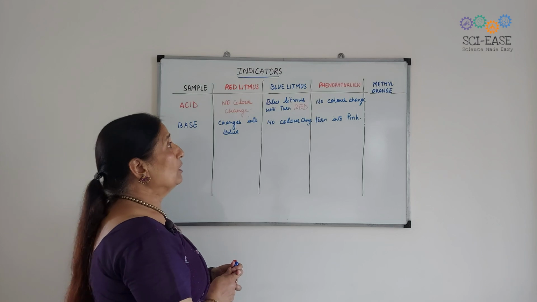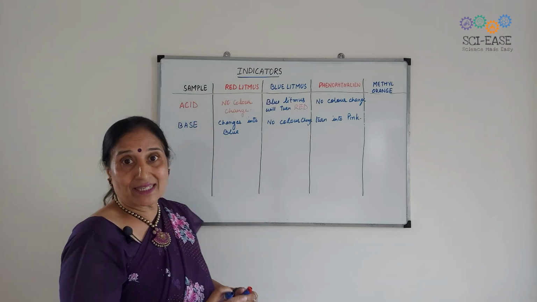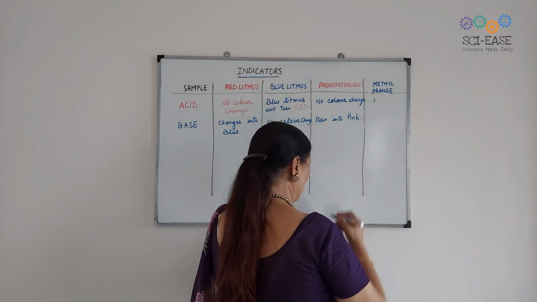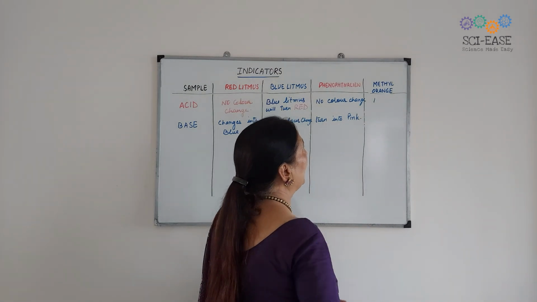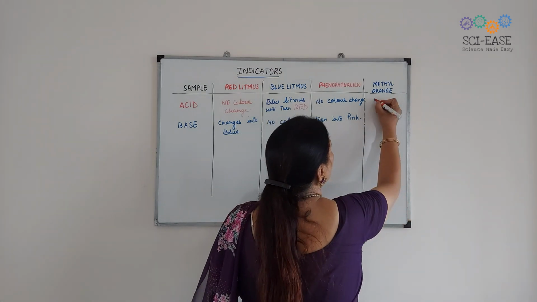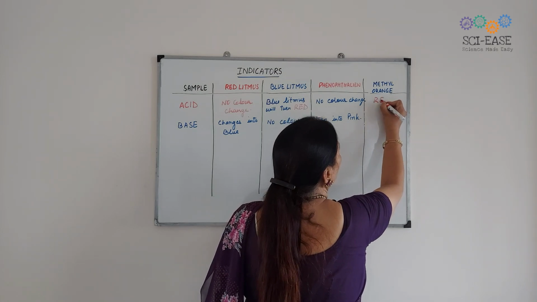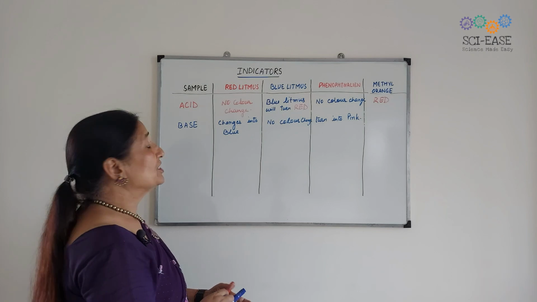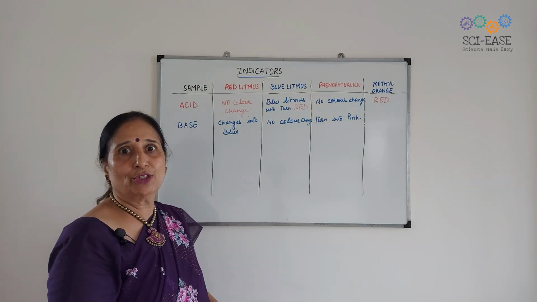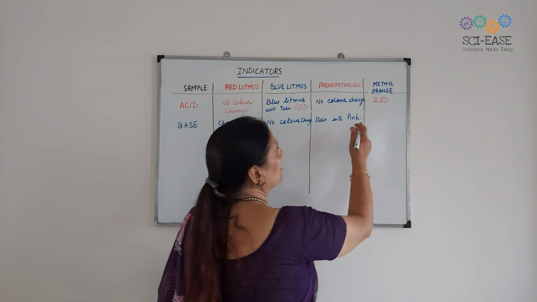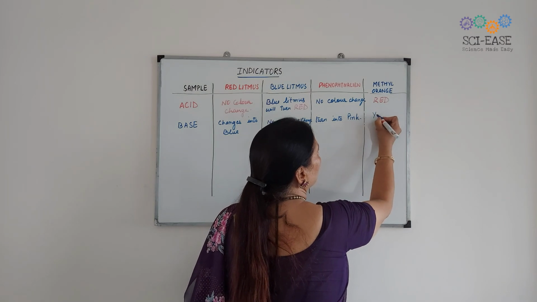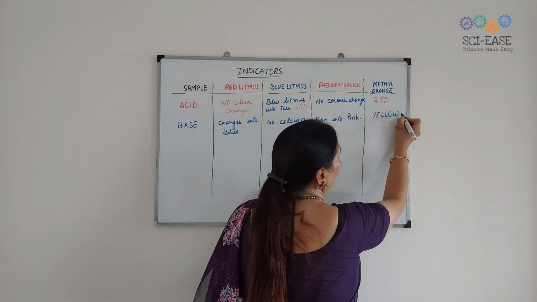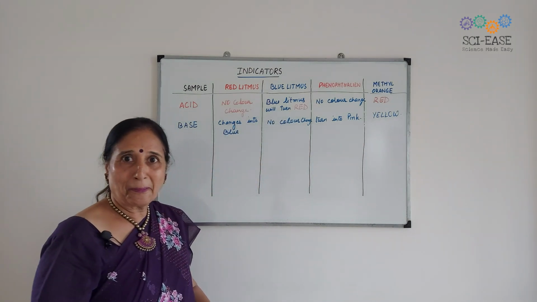When methyl orange is added to acid, it will turn to red. And when methyl orange is added to the basic solution, then it will turn to yellow. Okay? So these are some of the color changes.